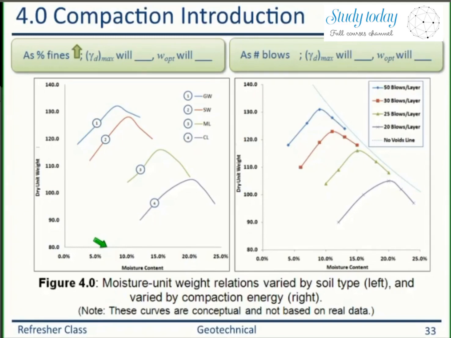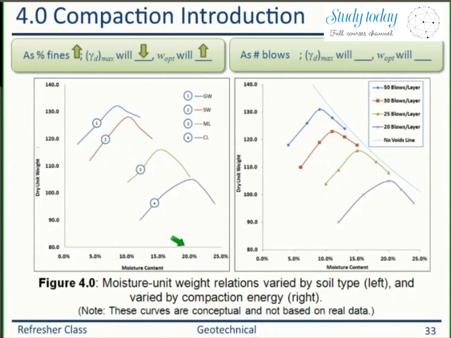So if I say as the fines increase, your gamma D max is decreasing, right? The peaks are the gamma D max, so gamma D max are decreasing. When the gamma D max are decreasing, then the corresponding moisture contents are increasing. Okay?